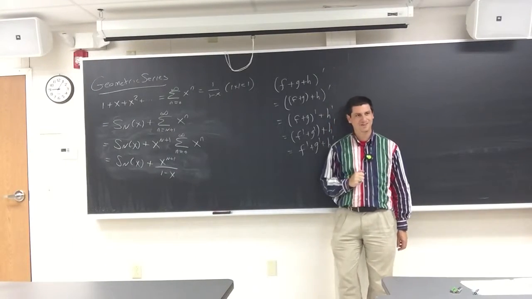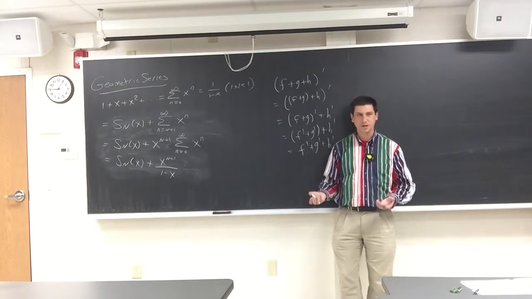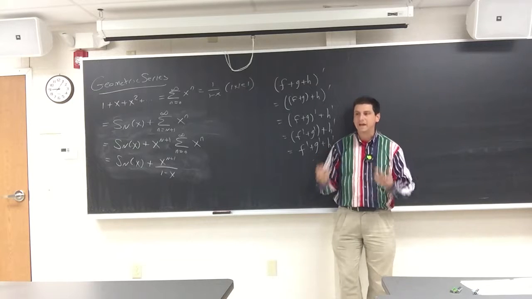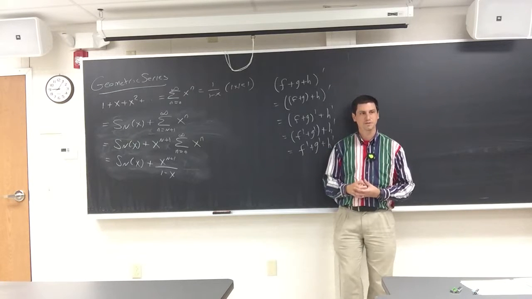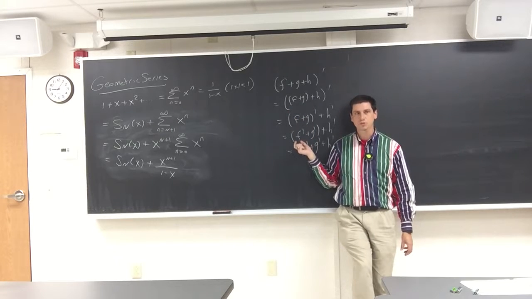Massive overkill. That's what you need to do to justify going from the derivative of a sum is the sum of the derivatives to the derivative of a finite sum is the finite sum of the derivatives. But it's important that it's a finite sum. For an infinite sum, we need to do work.